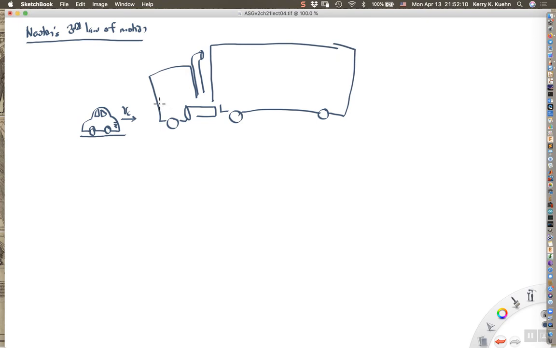Okay, here is a semi-truck that is approaching you at some high rate of speed. All right, and I'll draw the velocity of the semi. Okay, so here we go. And I want you to consider a head-on collision between the Volkswagen Bug and this semi.